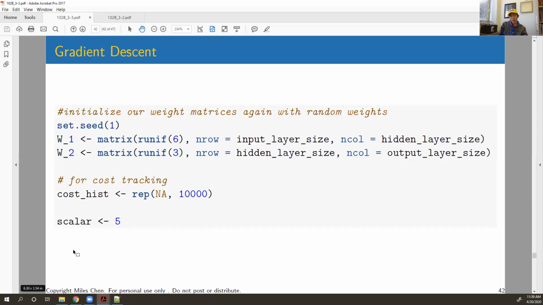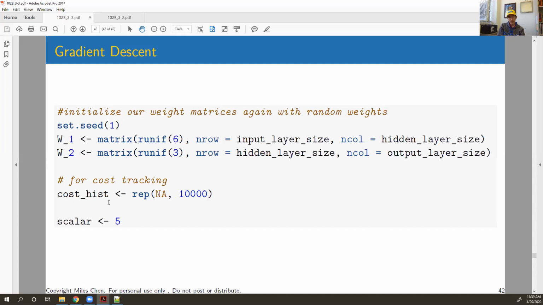I'm going to just start off at some arbitrary location, so I just use some random uniform values. I got 6 random uniform values for my W1 matrix, 3 random values for my W2 matrix. Then this is not necessary, but just for illustration, I'm going to keep track of my cost function.